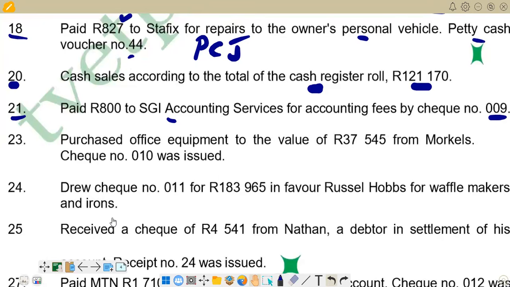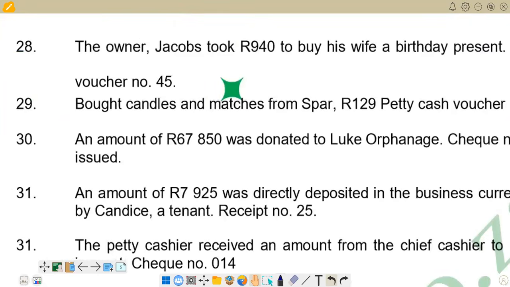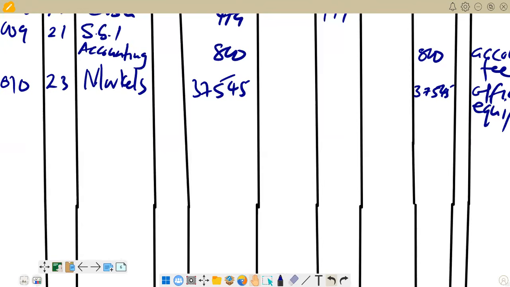And this is going to go under purchases. So we go there and enter those ones. Document is 011 J24. And then payee is Russell Hobbs.